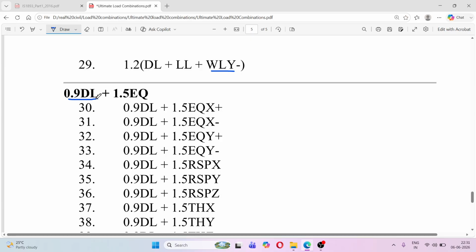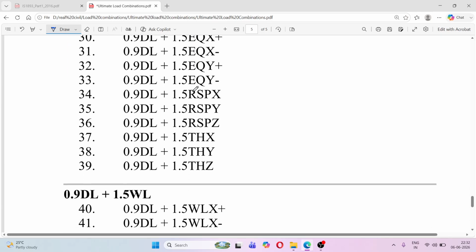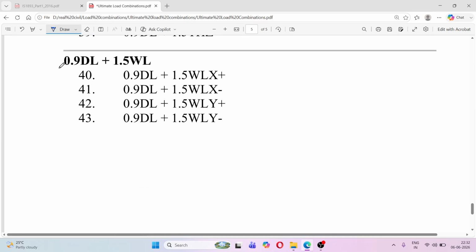Similarly, 0.9 dead load plus 1.5 earthquake. So we have to replace this earthquake again with 10 sub cases. You can take a screenshot also. Then 0.9 dead load plus 1.5 wind load, and we know that in wind load there are four sub cases.